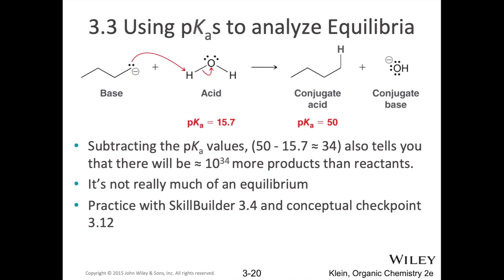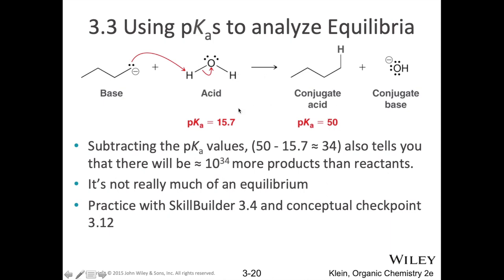So here's another example of an acid-base reaction. Though here you can see where that difference in pKa really changes our equilibrium arrow. So for example, here we're dealing with water as an acid again, and notice it's got a much lower pKa compared to our conjugate acid here, this alkane with a pKa of around 50.